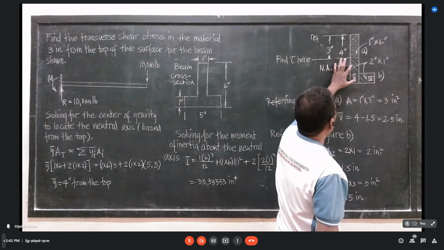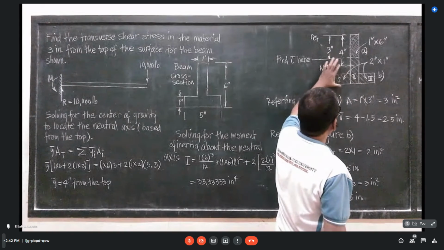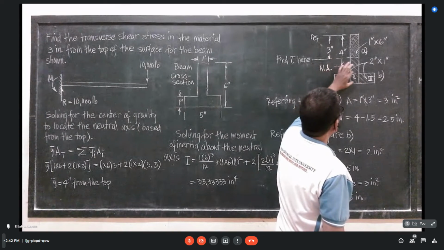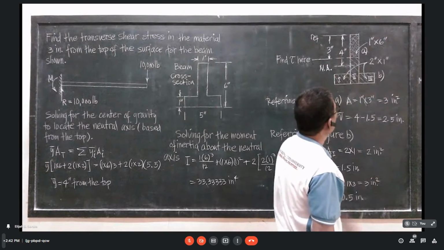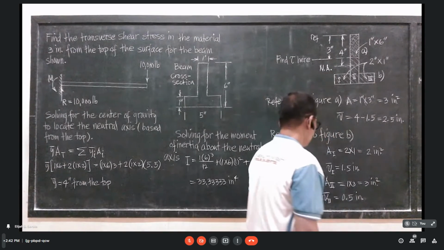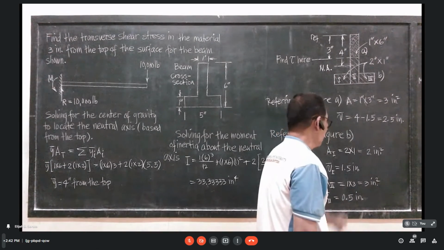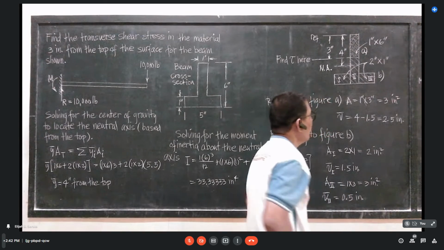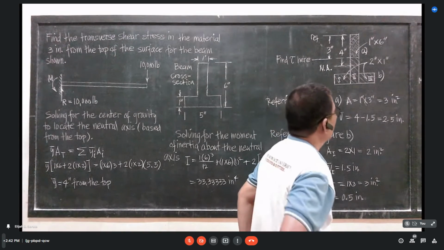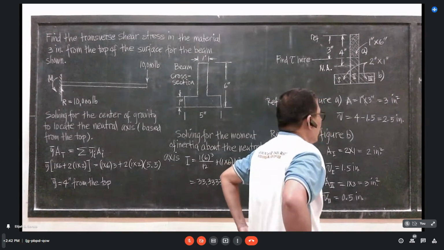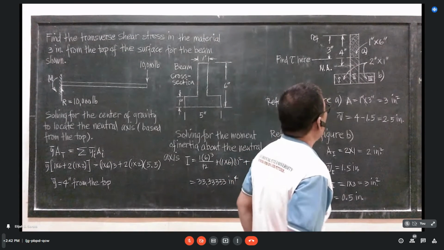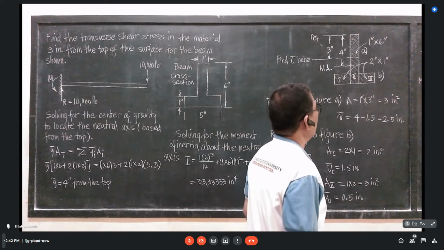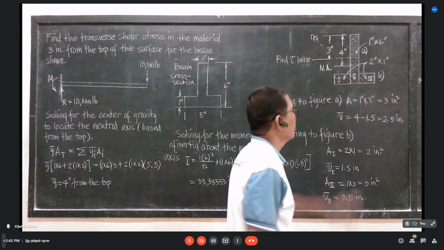It is here, which is 2 from the... So how much is it? 0.5. Okay, thank you, sir. That is the part that is confusing. Whenever you consider an area, it is a composite area.